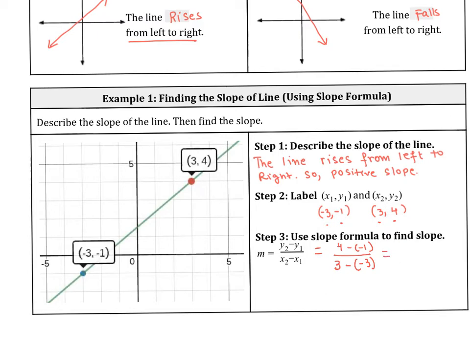Then you're going to get on the top 4 plus 1 divided by 3 plus 3, that is 5 divided by 6. So the slope is 5 divided by 6, and because it's a rising line from left to right, the slope is going to be a positive slope, everyone.